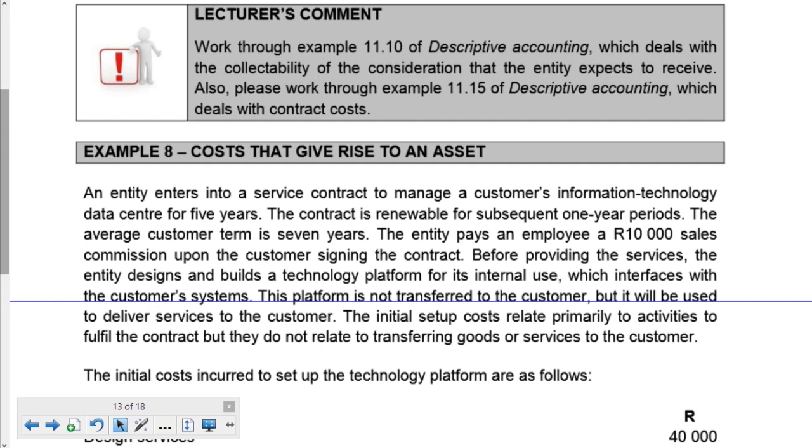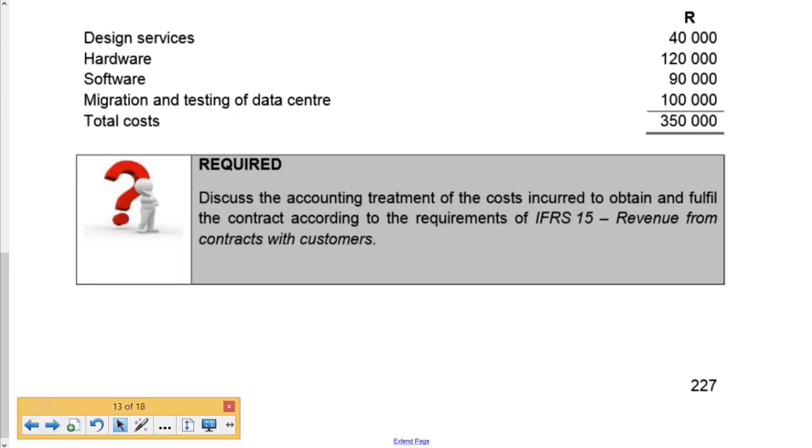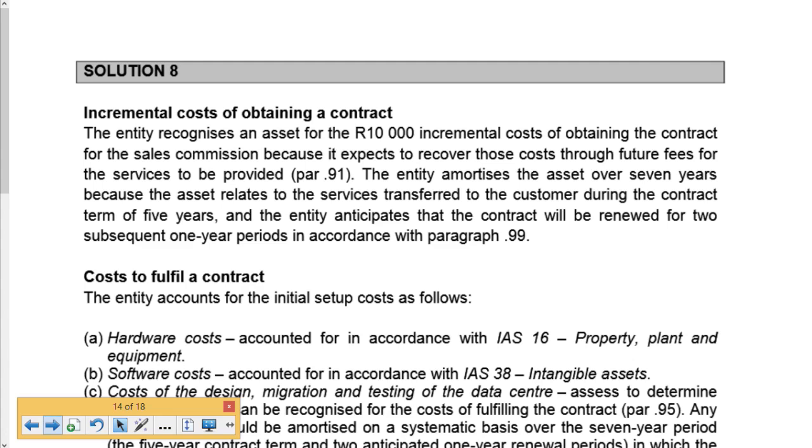This platform is for internal use, and it interfaces with the customer system. The initial setup costs relating to the contract for the technology platform are as follows: design, hardware, software, migration, total costs of 350. And then they discuss how you would account for these costs.